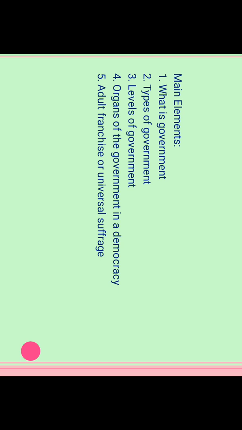So, what is government? Government is a group of people managing the affairs of a country. The group of people who are entrusted with the governance of the country in accordance with the traditional or written laws are said to have formed the government of a country.